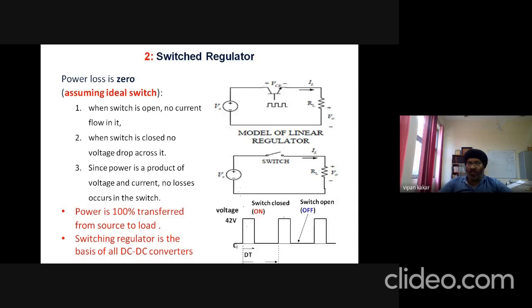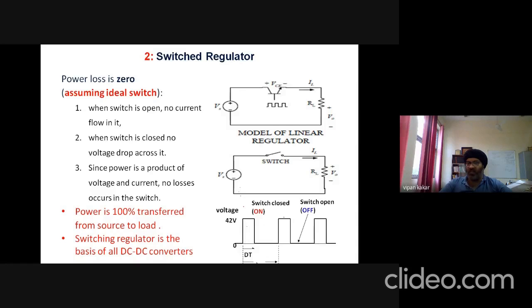The width of this on pulse can be denoted by D multiplied by the time period. Total time period is T. And we know that time period T has a positive half cycle as well as a negative half cycle in terms of AC to DC converters. In this case, the total time period is the time for turning on the switch plus the time for turning off the switch.